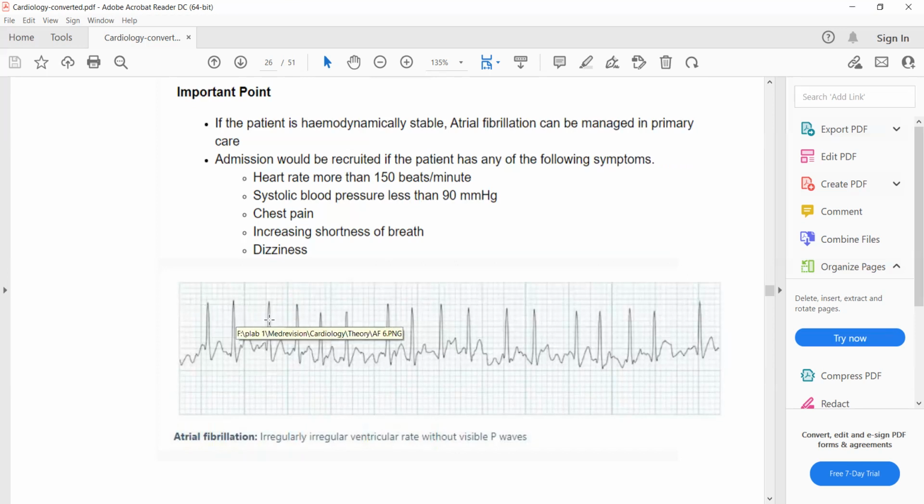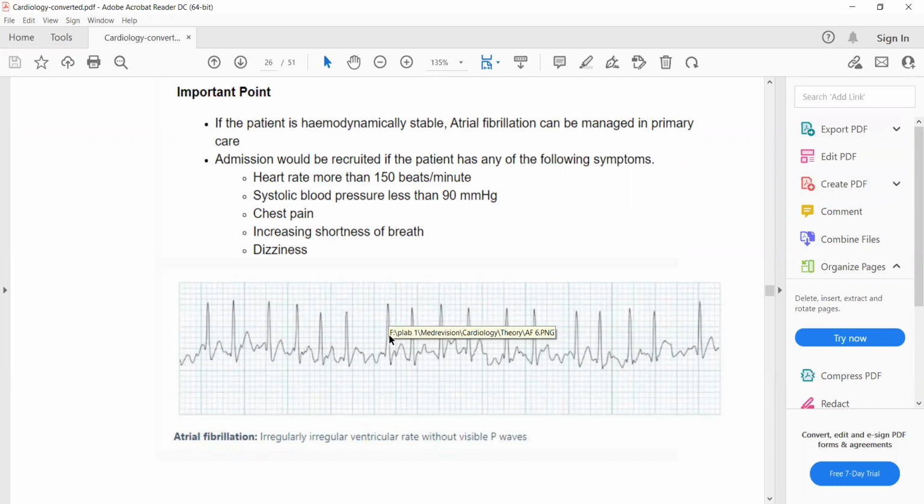Let's see what is the RR interval of the next QRS complexes. 1, 2, 3, 4, 5, 6. So here it was 5, now it's 6. It's almost 5, 5, 5. Here it's 1, 2, 3, 4, 5, 6, 7, 8.